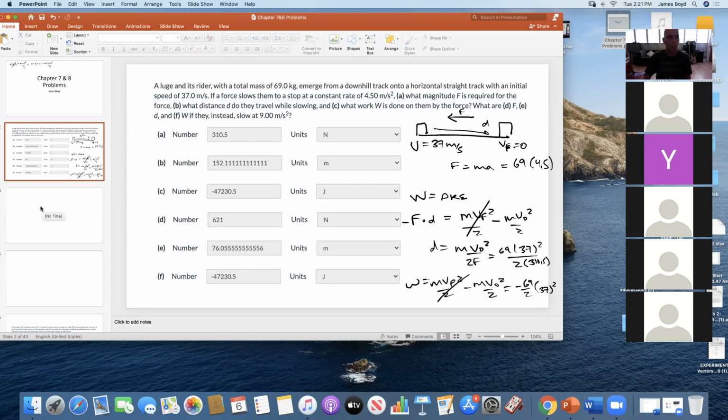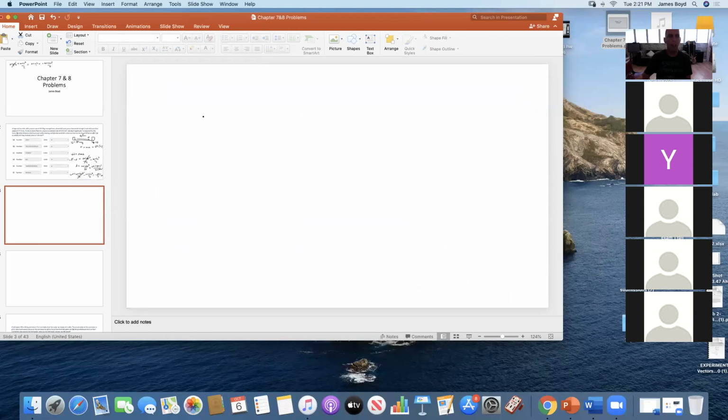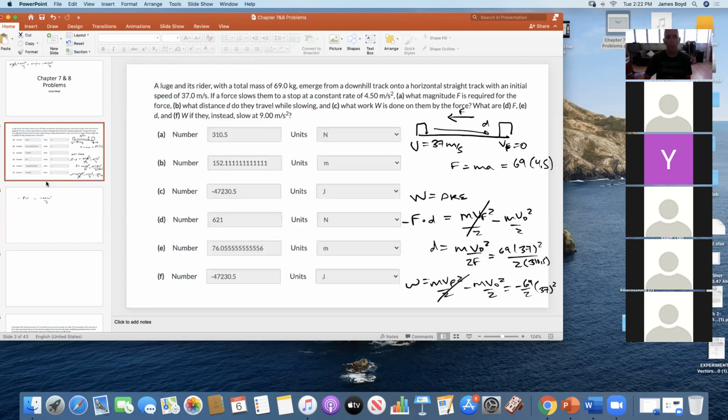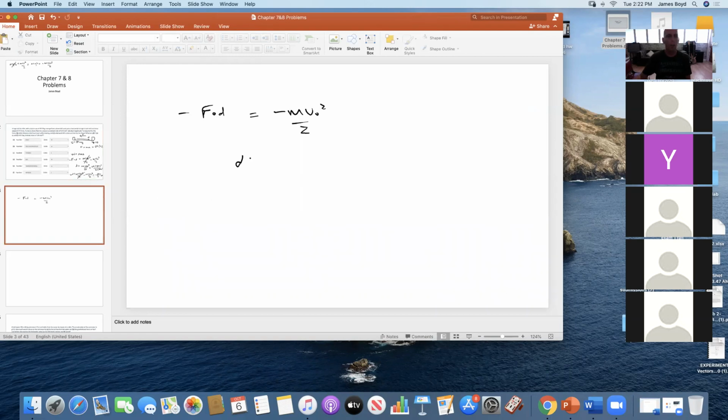Okay, so we got that f dot d with a negative was negative mv naught squared over 2, and we got d was mv naught squared over 2. If f is now 2 times f, f prime, then our new d would be mv naught squared over 4f.